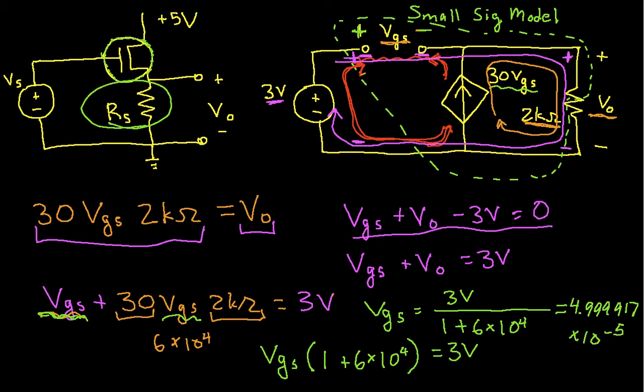Now normally I wouldn't keep this many significant figures, but it turns out in this case, in order to get V out being anything other than 3 volts, I need to carry out this many significant figures.